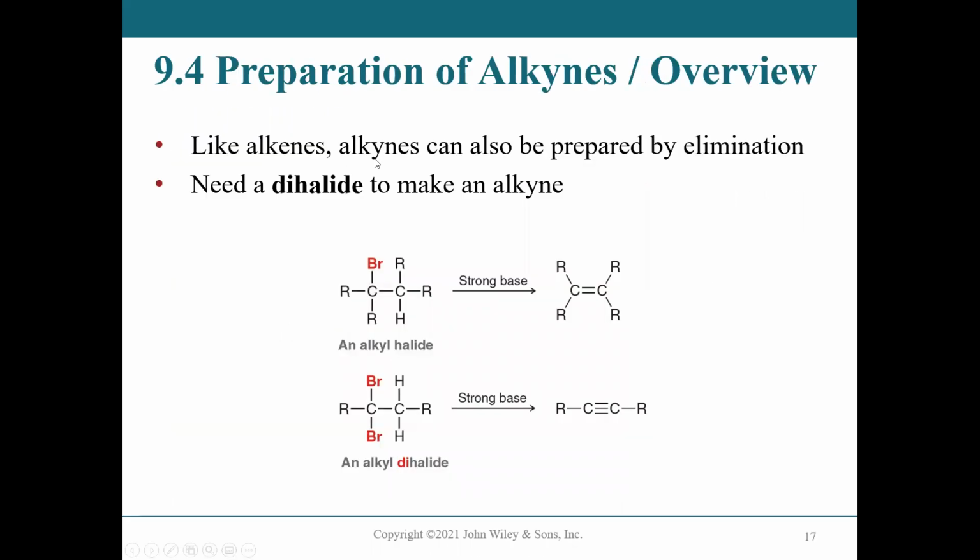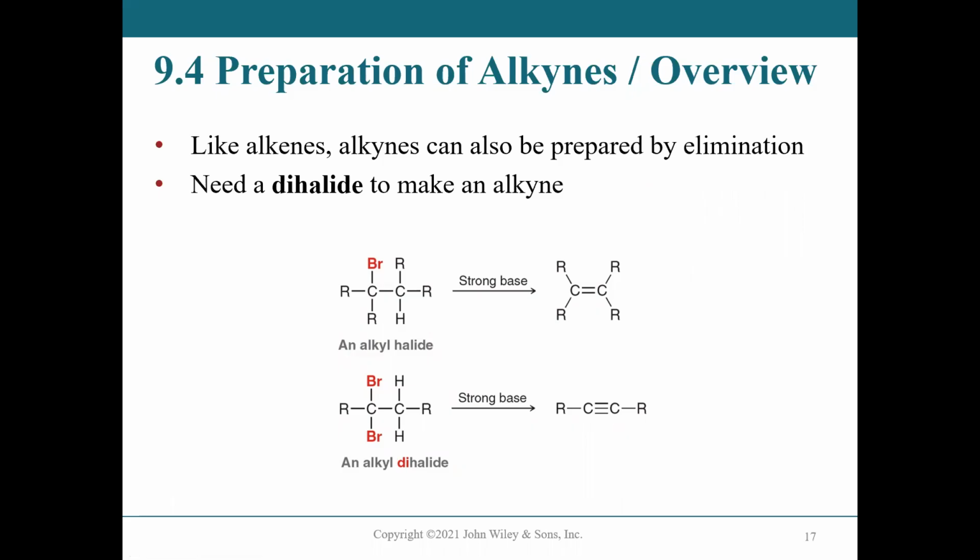So like alkenes, alkynes can also be prepared by elimination. They need a dihalide to make an alkyne. So here we have an alkyl halide with a strong base. We can get this double bond, and then with another strong base, we can get rid of these two bromines and get the triple bond.